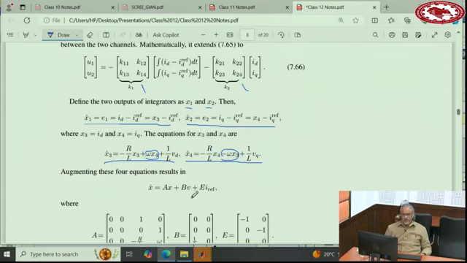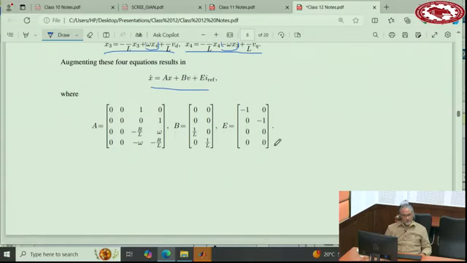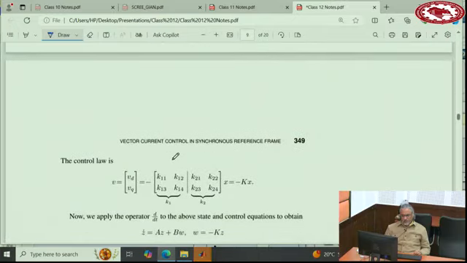Write it down in this standard form, A, B, E. This you can consider as some component that we will remove after applying the transformation. And the controller is basically this whole vector times X. X is X1, X2, X3, X4.